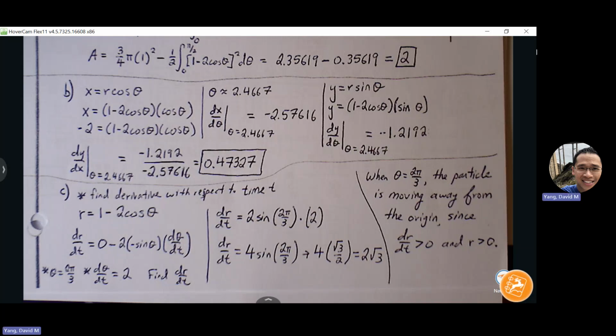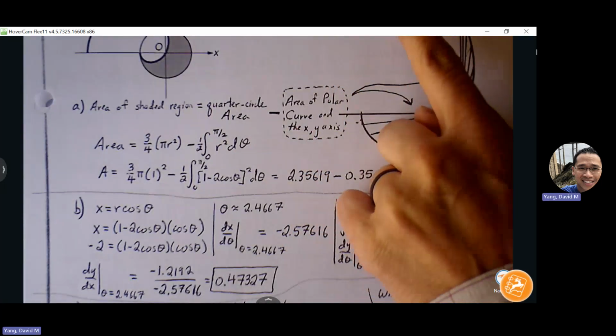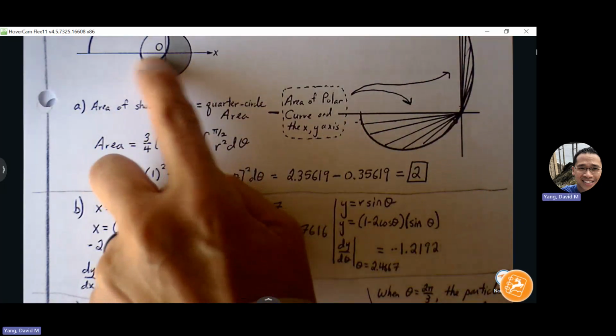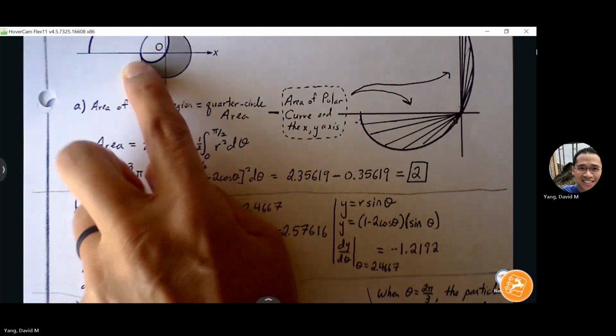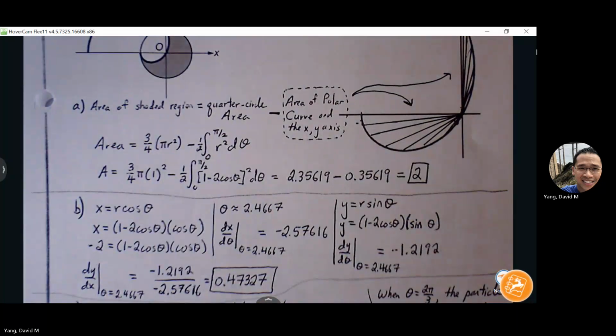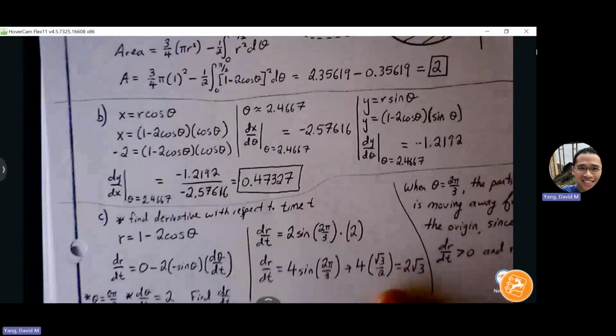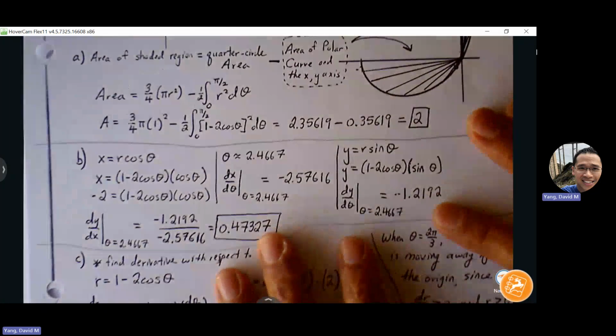You have to do something with the radius over here. So this is one of that. The radius should be 1. Yeah, the radius is 1 at this stage. Let me look at how you did it and see if I'm getting the same thing.